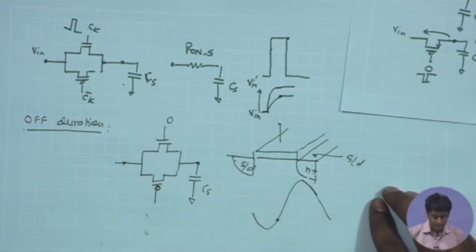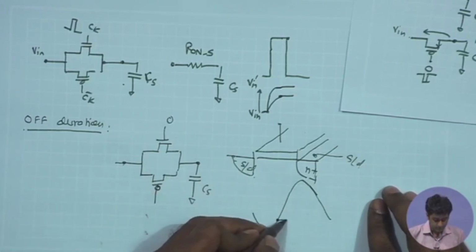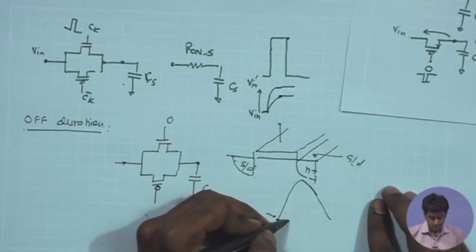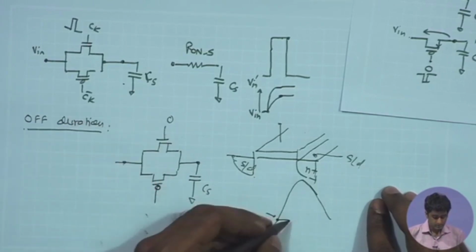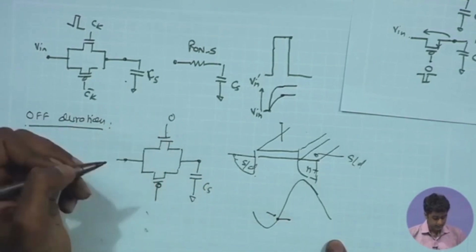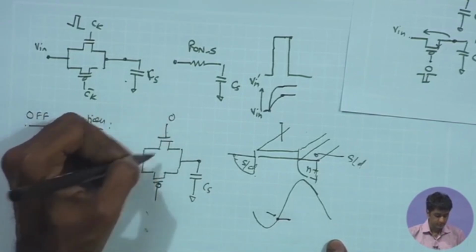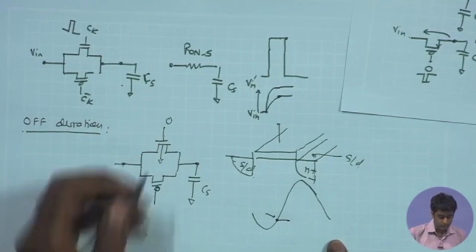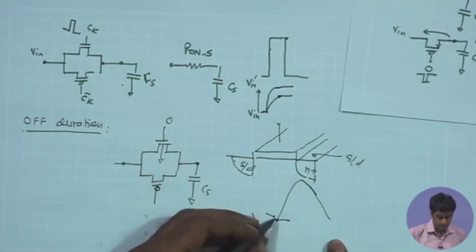So, you may be sampling the signal at this particular point, and after that the switch is getting closed, and you are expecting that the signal over here will remain constant at this point. And under that condition, if I look at the situation at the NMOS gate, you have overall gate voltage of the NMOS which is 0, you have the substrate generally which is connected to ground, and you have the signal which is sampled over here which is sufficiently low.